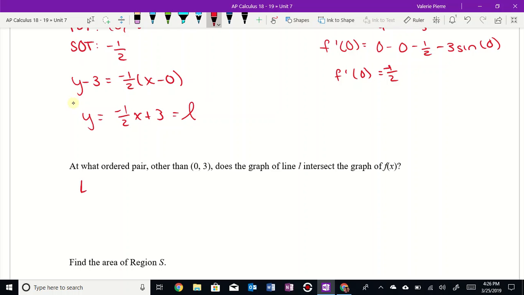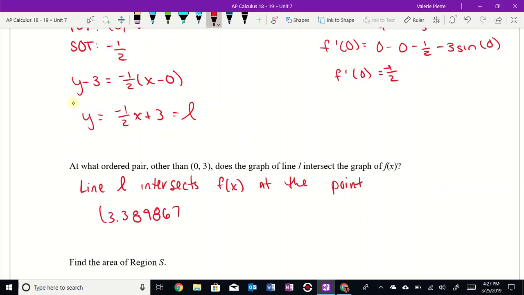So line L intersects f of x at the point 3.3898677, 1.3050662.